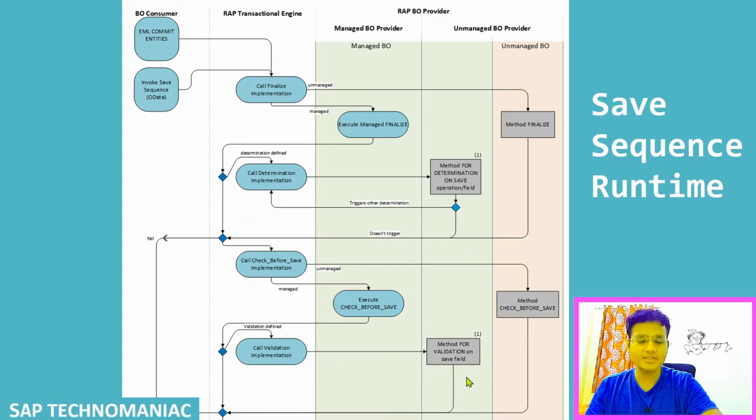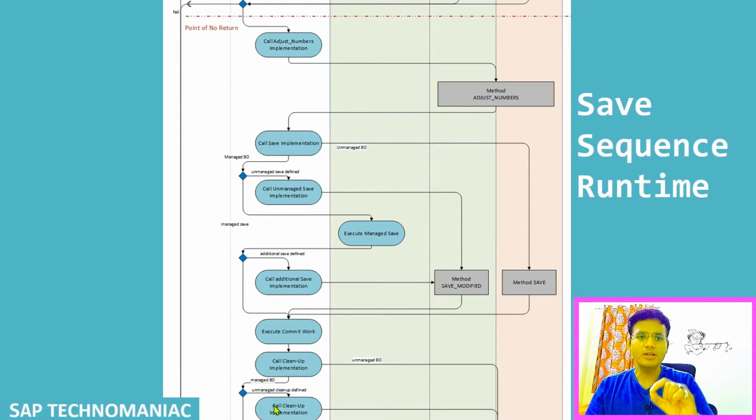Validation is available for both managed and unmanaged scenarios, so we can write it in managed and unmanaged. Once the validation is over, we come to one point from which you can't return: the data will definitely be saved in the database, and you can't modify that particular BO at all.